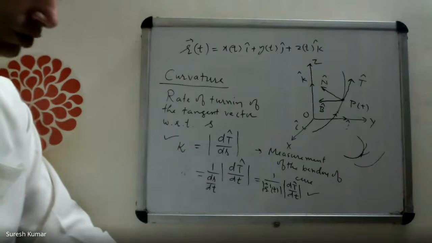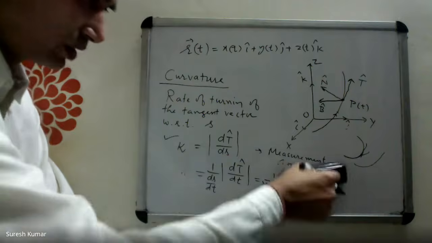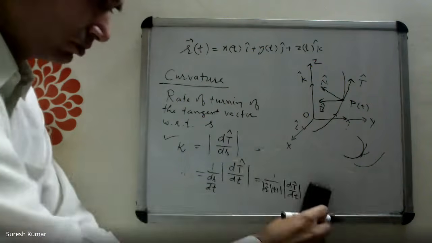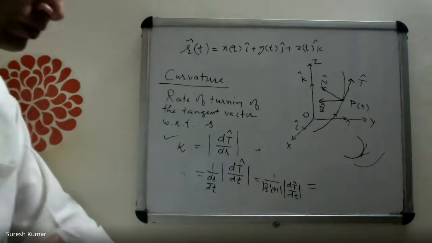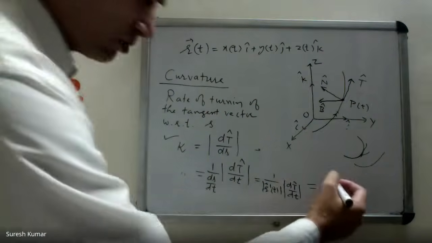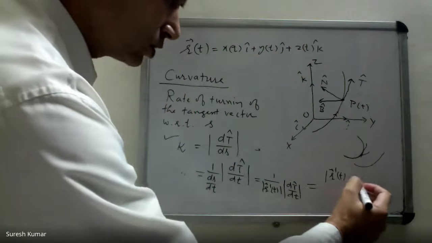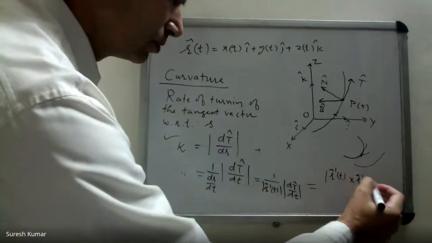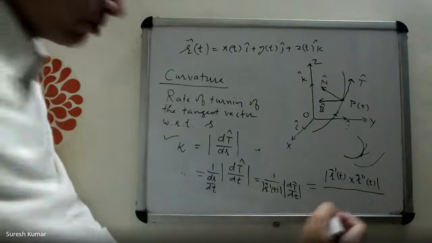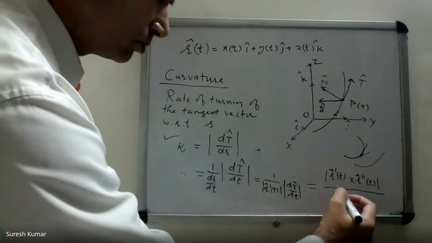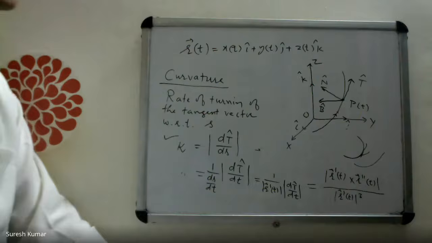In fact, there is one more working formula. In some problems, it can help you. It can be proved also. Note down this also. It is magnitude of r prime t cross r double prime t divided by magnitude of r prime t cubed.